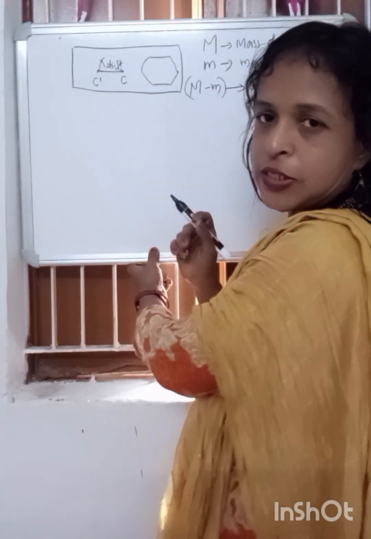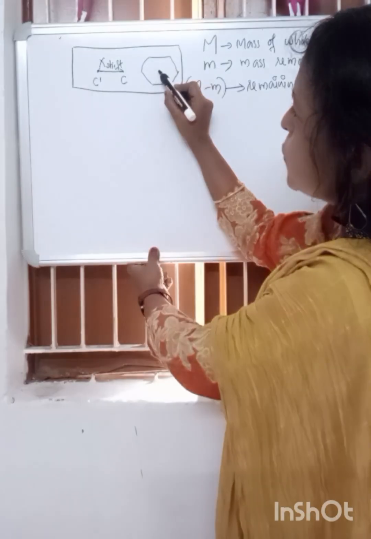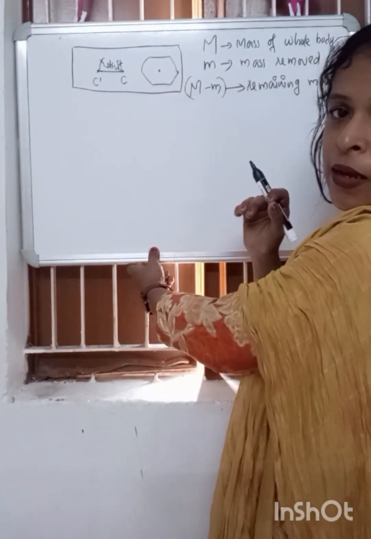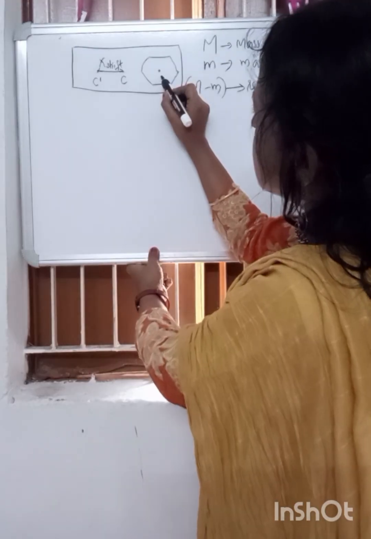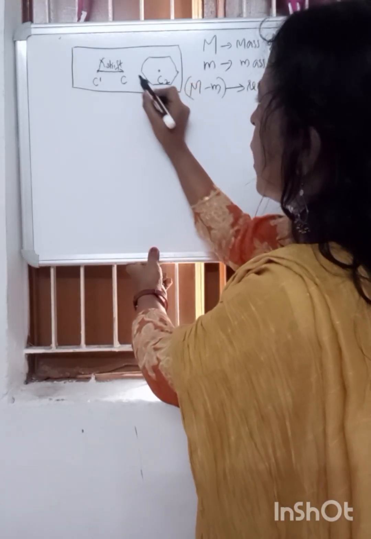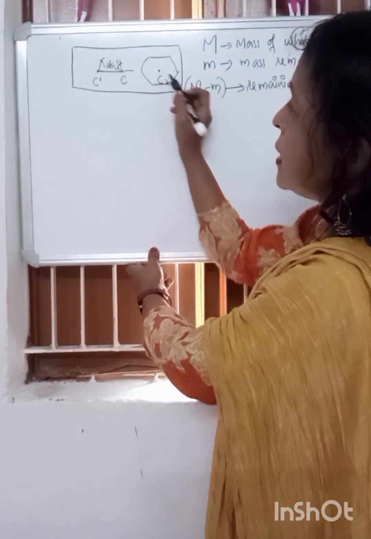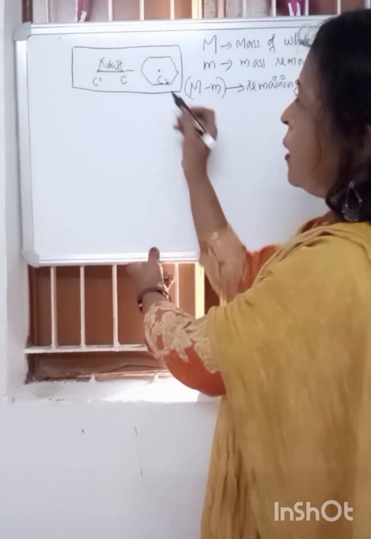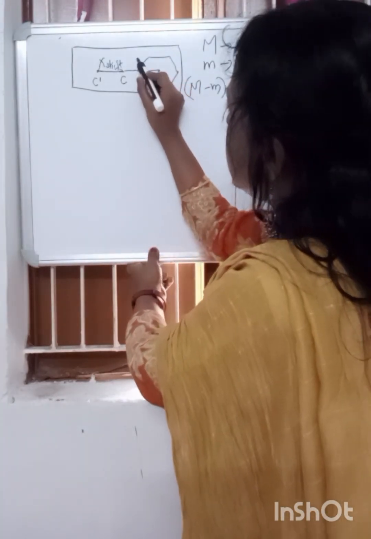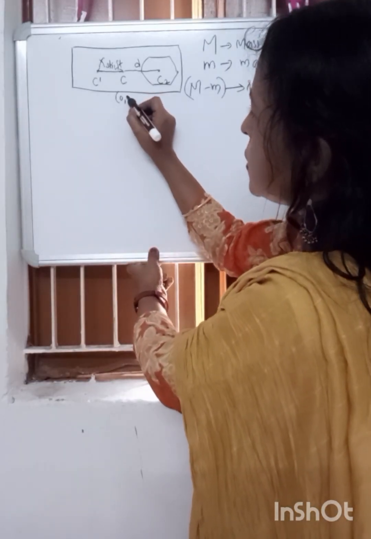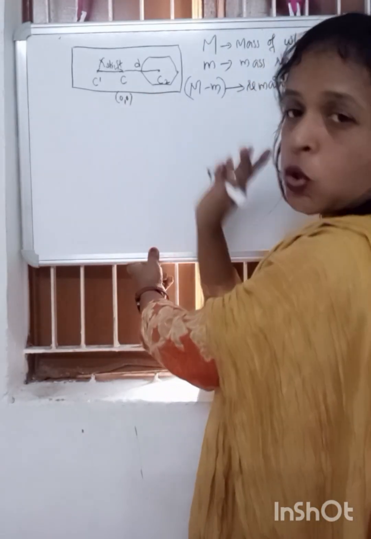And suppose this point is the center of the mass removed, which I consider as C2. The distance from the original center of mass to the center of mass of the removed mass is, suppose, D. I am considering this point as the origin, 0, 0.